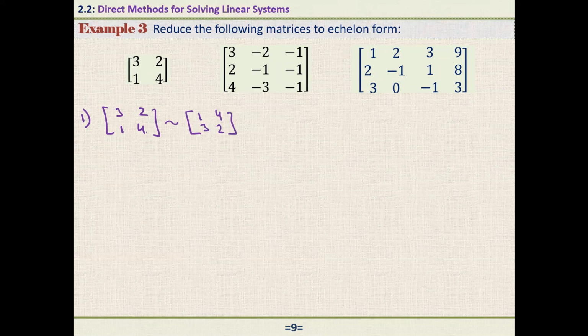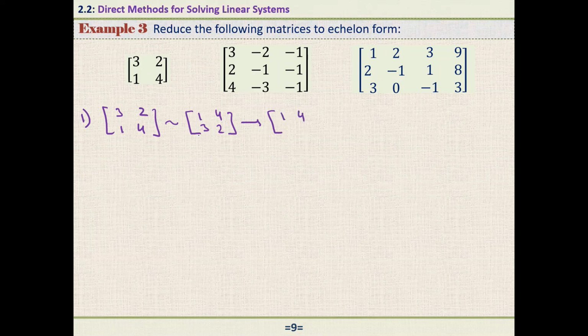What did I do here? I just interchanged the first row with the second row. First and second rows interchanged here. And now, how can I create zeros under 1? Because that is a leading entry, 1, 4.